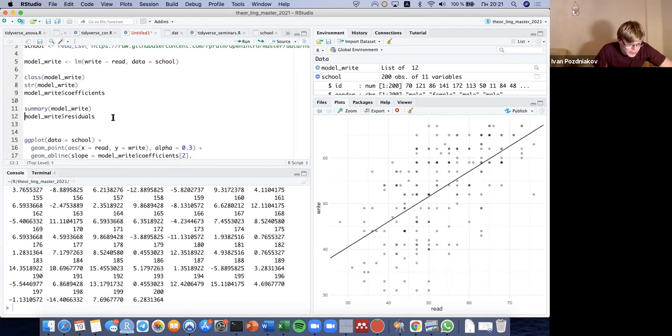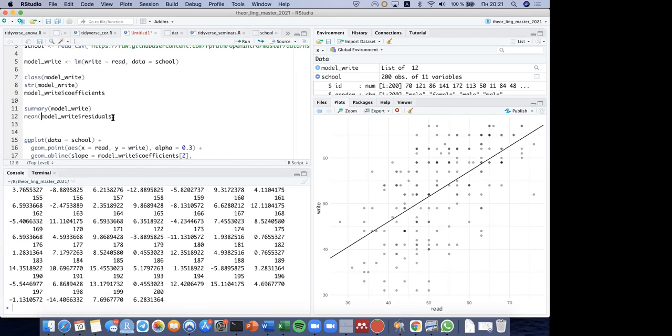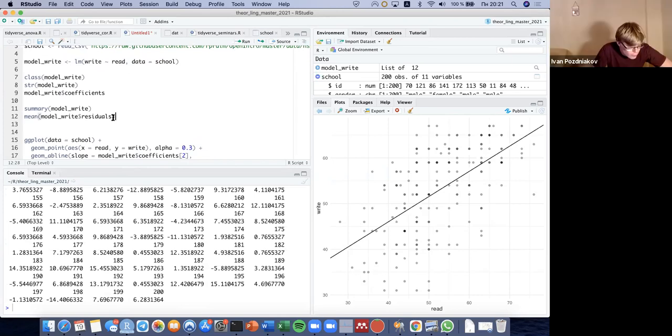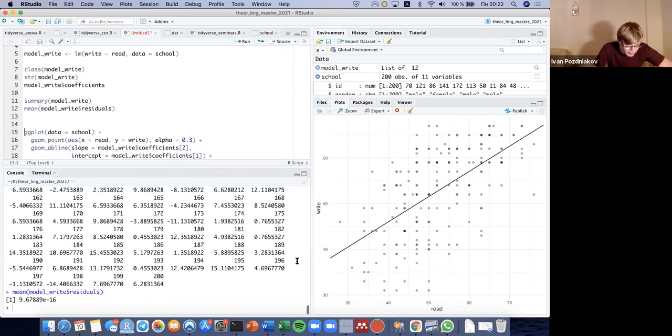And what will be the average value of these residuals if you average all of them? Intercept? No. 0. Yeah, exactly. Some of them are positive, some are negative, but on average they are 0.